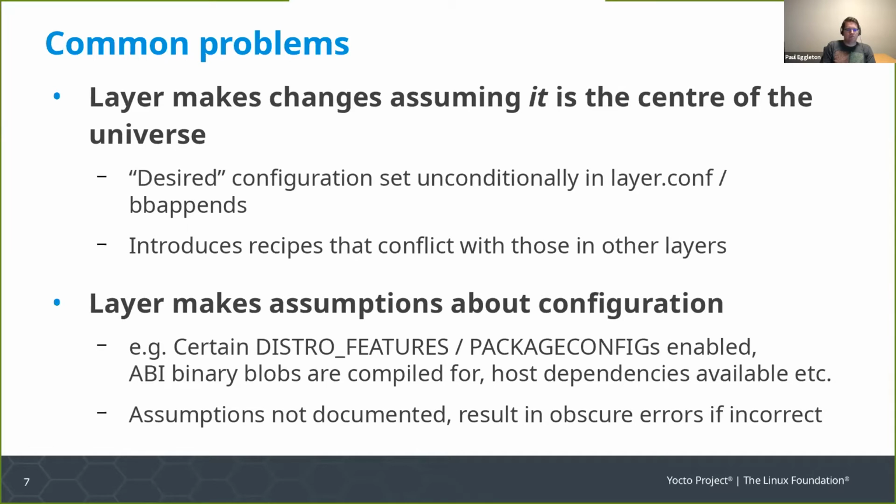Perhaps it points to some binary blobs and their APIs assumed to be a certain value, certain dependencies are available, etc. These assumptions might not be documented, and worse, if they're not fulfilled, then maybe instead of getting a nice error message, you get some obscure error and you really don't know what's going on.